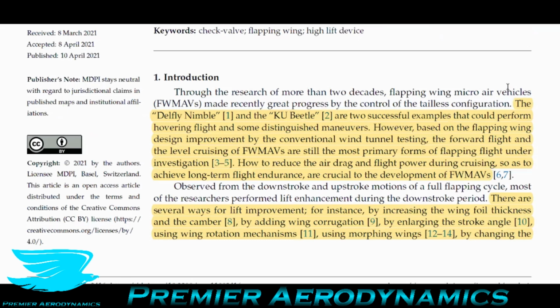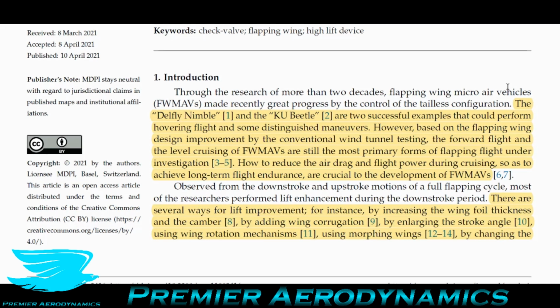They start off saying that the Delphi Nimble and the KU Beetle are two successful examples that perform hovering flight and some cool maneuvers. However, based on flapping wing design improvement by conventional wind tunnel testing, the forward flight and level cruise of flapping wing MAVs are still the primary forms of flapping flight under investigation.